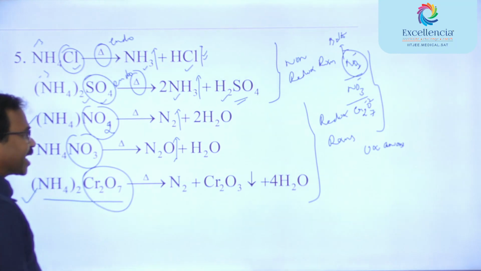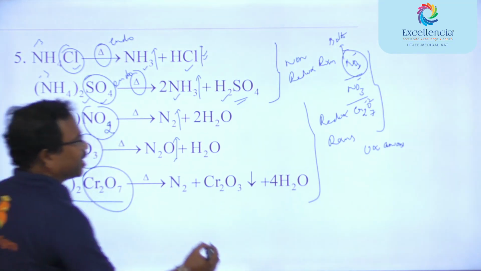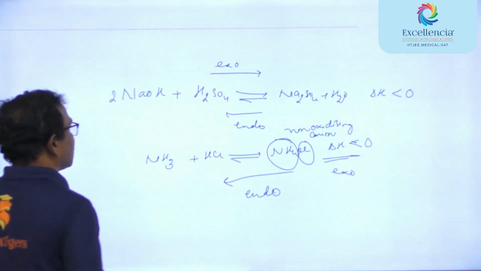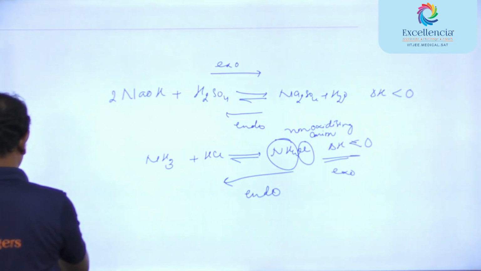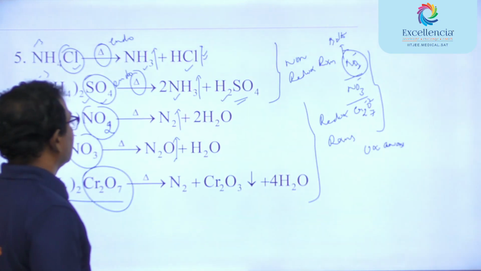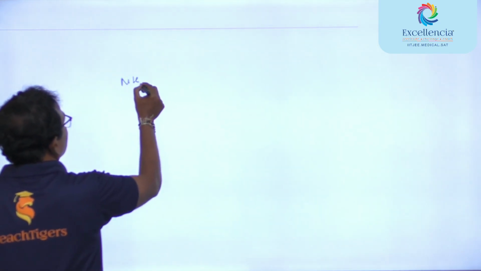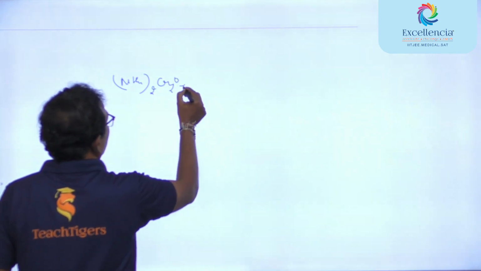Here, let's take an example of dichromate. We are taking ammonium dichromate, (NH4)2Cr2O7.